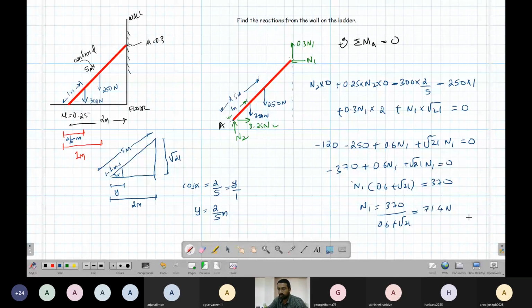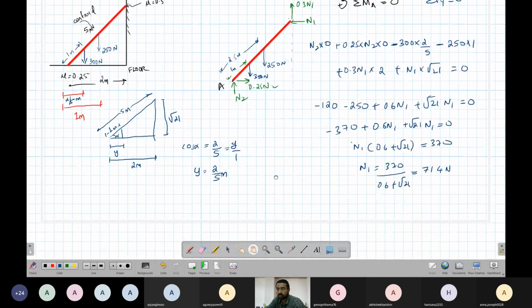Okay, so now we want N2. So what we'll do, the equation: summation of moments equal to 0. We can also write summation of forces in vertical equal to 0, or horizontal.